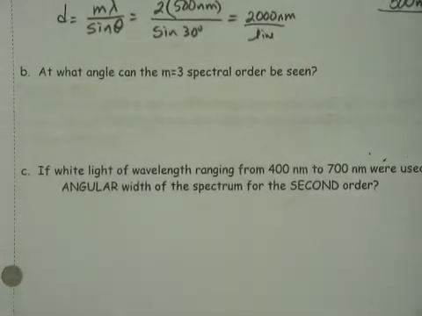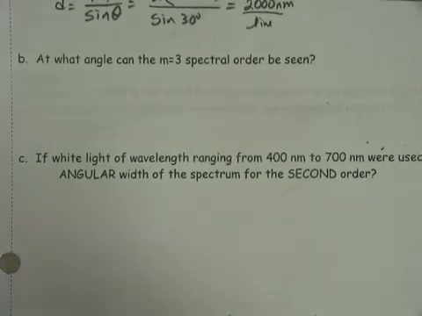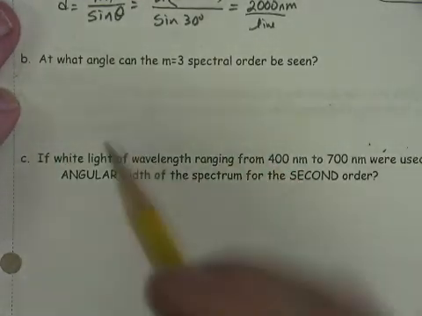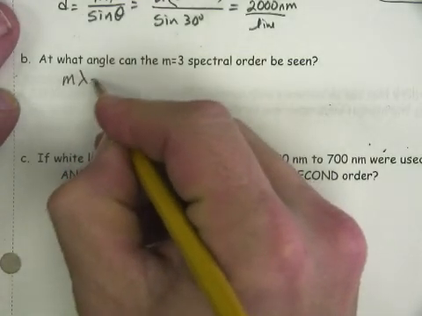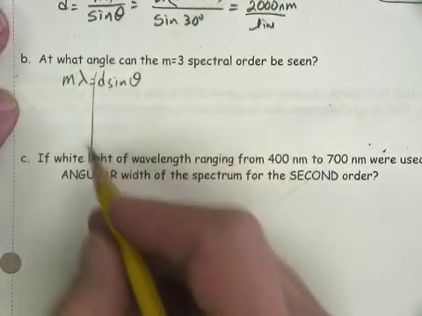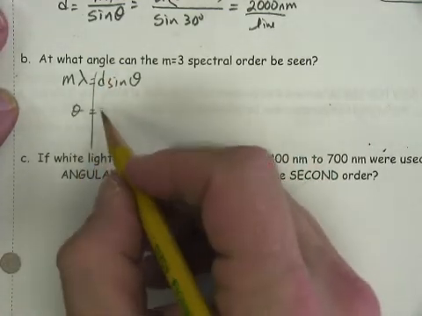Okay, the next question. At what angle can the m equals 3 spectral order be seen? All right, we're looking for angles. So the equation that's going to give us angles is m lambda equals d sine theta. We want the angle, so we'll solve for theta.